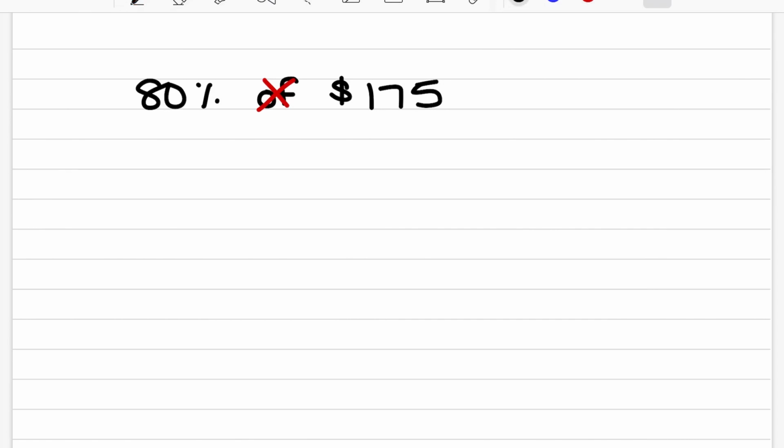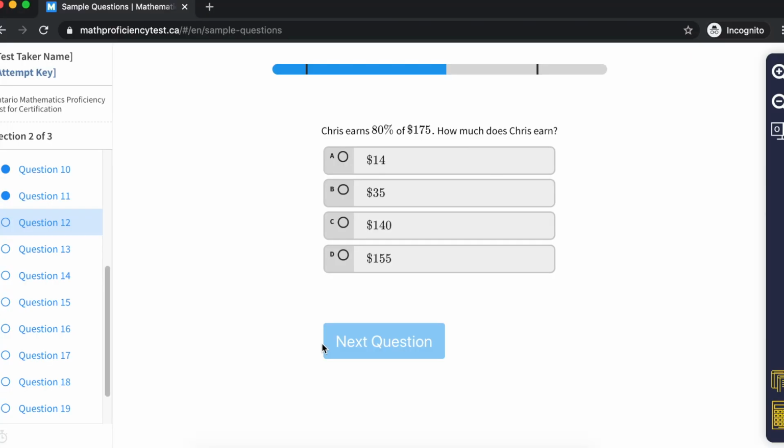So 80% would be changed into 0.80 times 175. And you can do that on your calculator to give you $140 is the original unit, and that's option C. So we'll go to the next question.